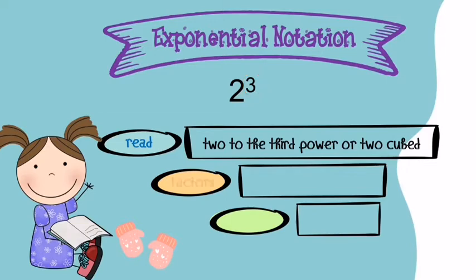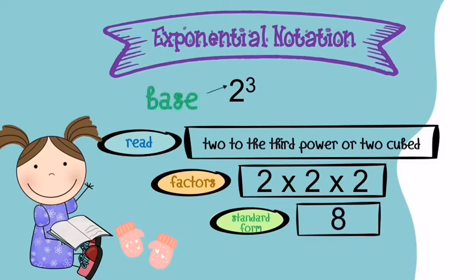So if you have to factor this, you have 2 times 2 times 2. For its standard form, simply the product of our factors, that is 8. Okay, go back to our notation. Again, this 2 here is called the base, and the 3 here above the 2 is called the exponent.